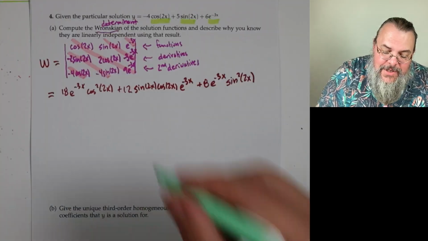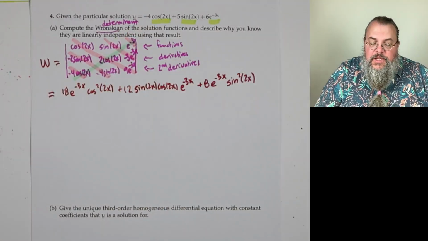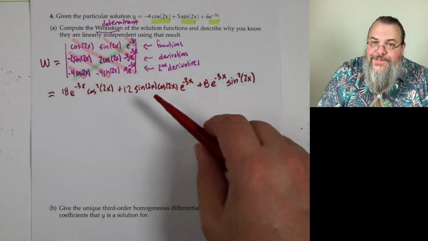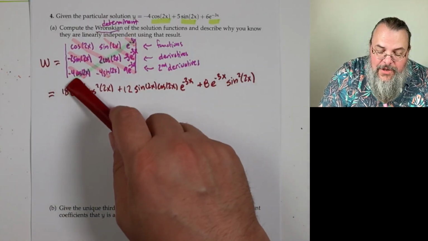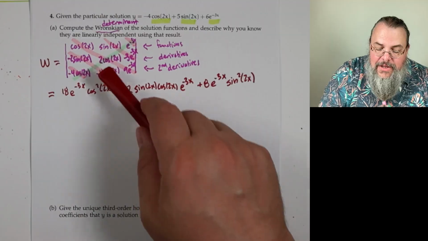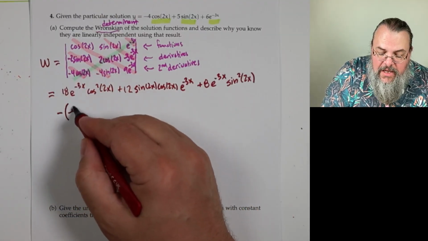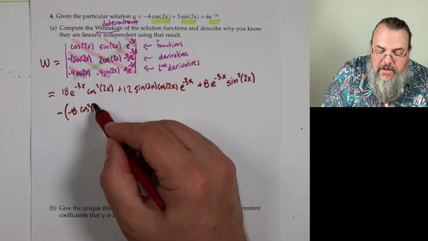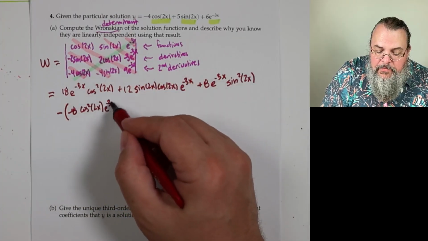Now the other ones are going to go uphill. The thing about the uphill, you've got to remember this, is you add the downs, subtract the ups. So we have minus 4 times 2. That makes minus 8. So we're going to subtract minus 8 cosine, cosine. That makes cosine squared 2x, and then the e to the minus 3x.